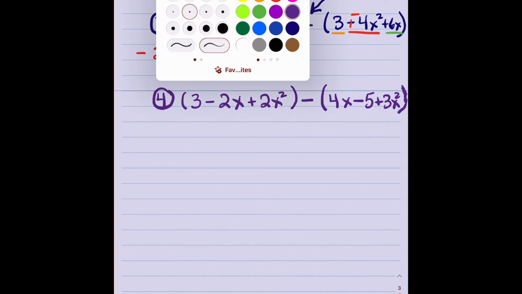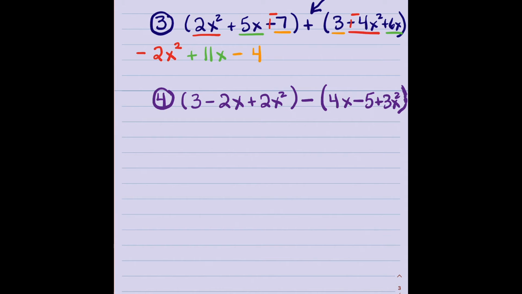Watch what happens with this minus on the outside of parentheses. This is extremely powerful. I am going to change this to a plus, but in doing that, it changes everything inside the parentheses to the opposite. So a minus on the outside of parentheses changes everything inside the parentheses.